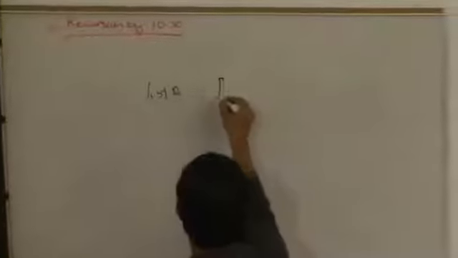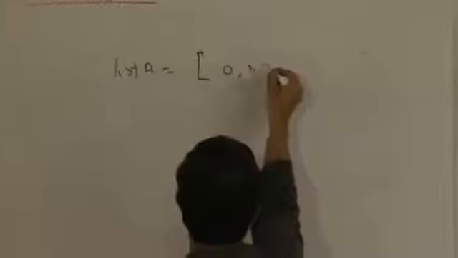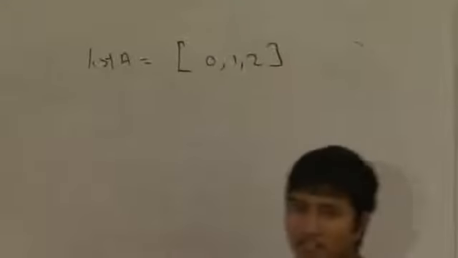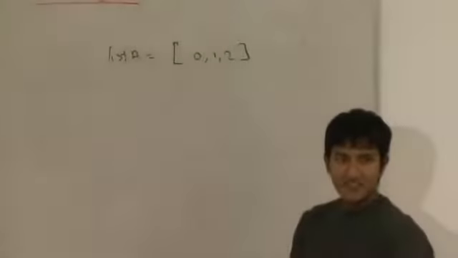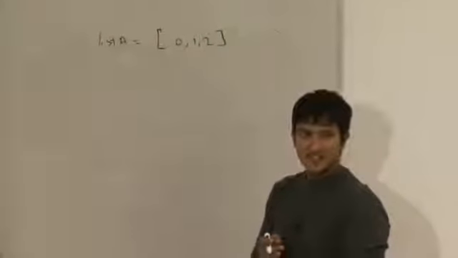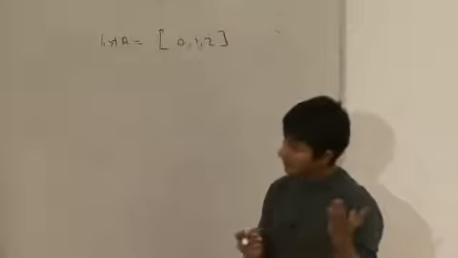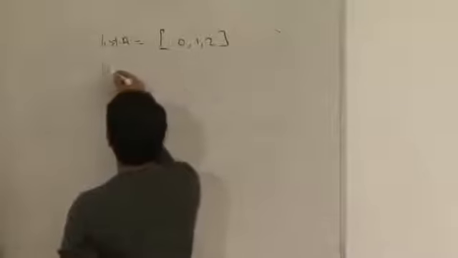How would you add an element to a list? Suppose you have list A. How would you add 3 to this list? Okay, list.append.